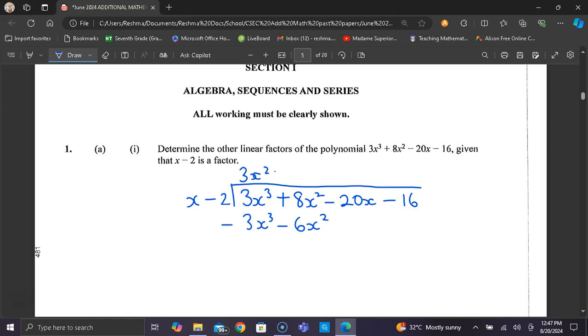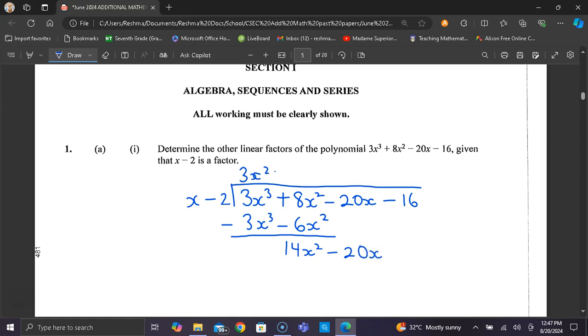Then we subtract. 3x cubed minus 3x cubed is 0. 8x squared minus 6x squared, and this is why you have to be careful with signs, is 8 plus 6, which is 14x squared. So I'm going to bring down the next term, which is minus 20x.